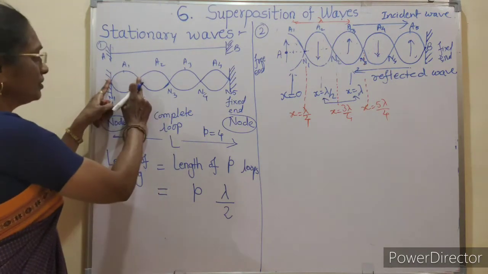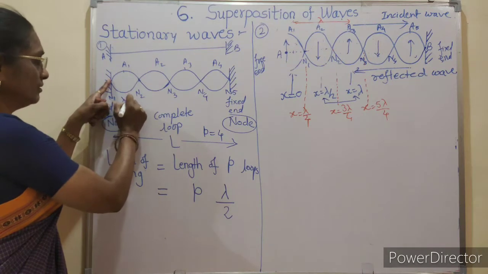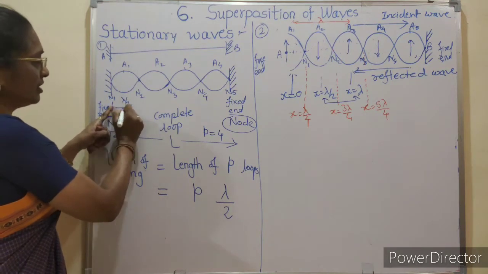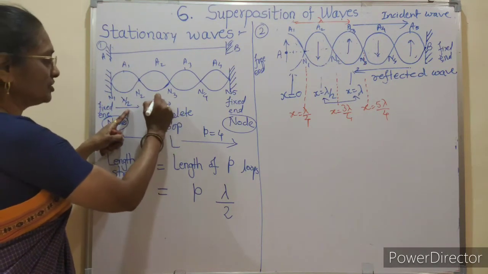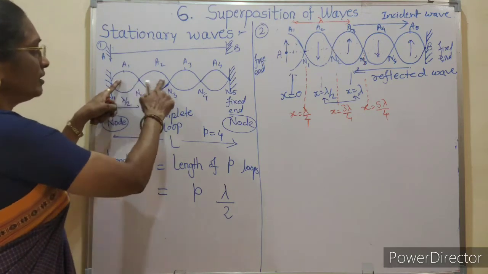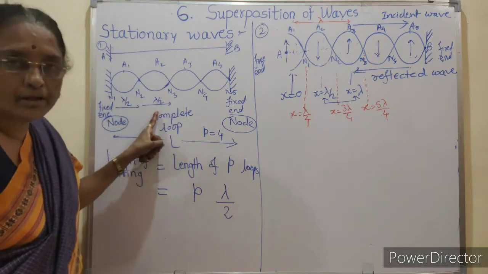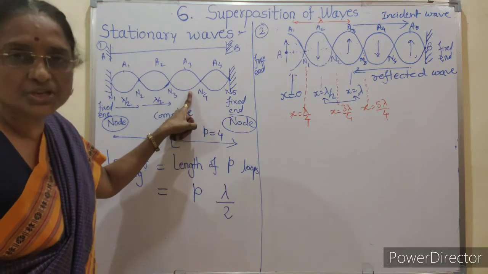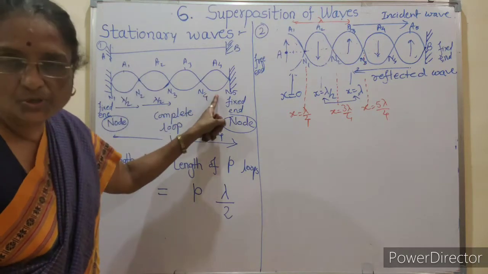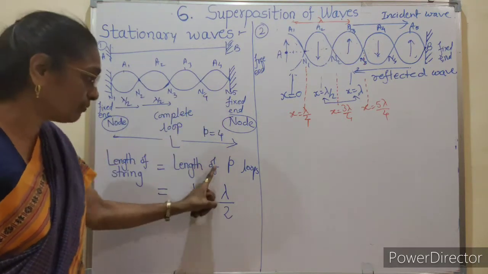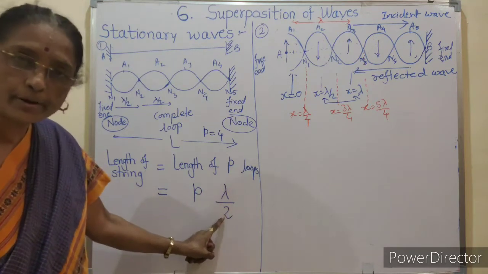So suppose for the first loop the length is lambda by 2. For the next it is again lambda by 2. Then length of 2 loops is lambda. Length of 3 loops is 3 lambda by 2. Length of 4 loops is 4 lambda by 2. Length of P loops is P into lambda by 2.